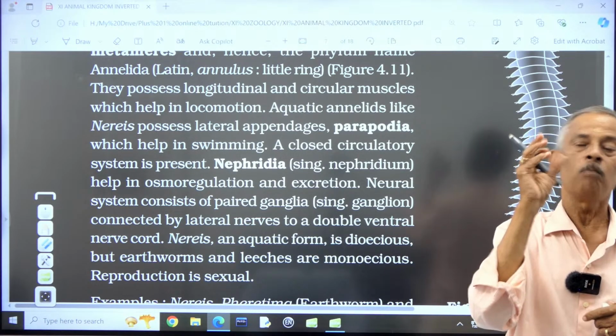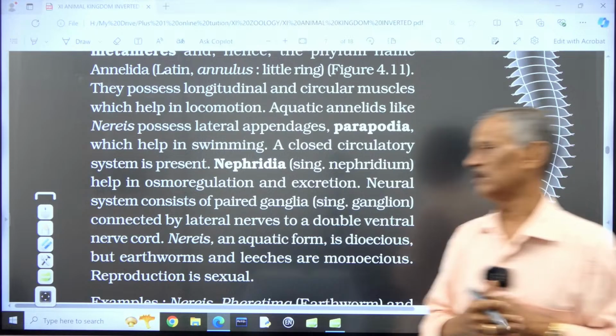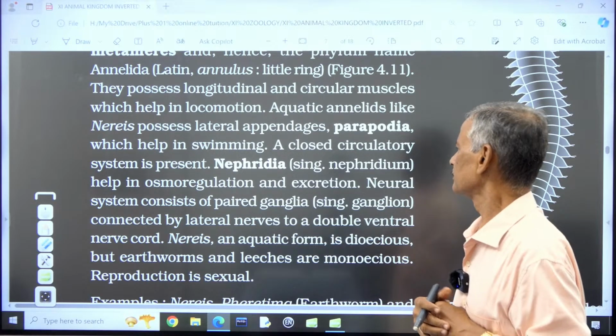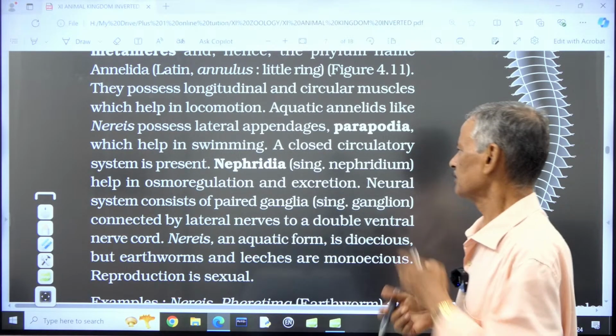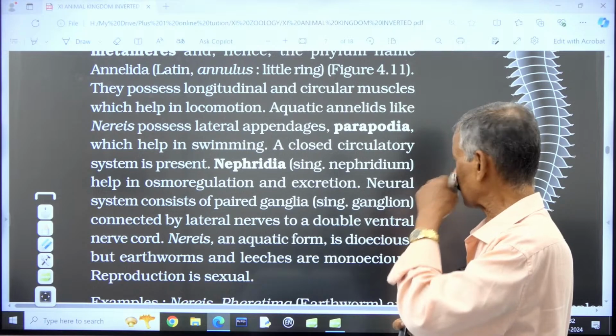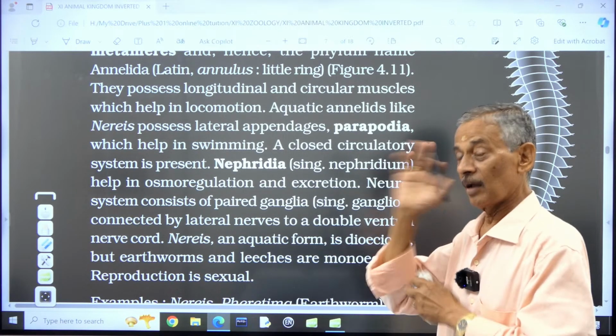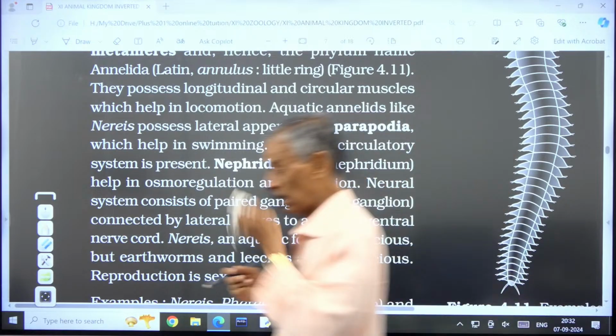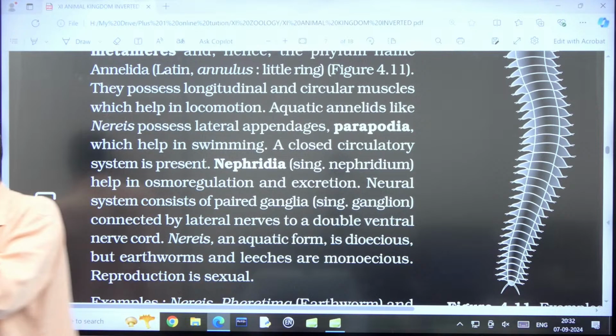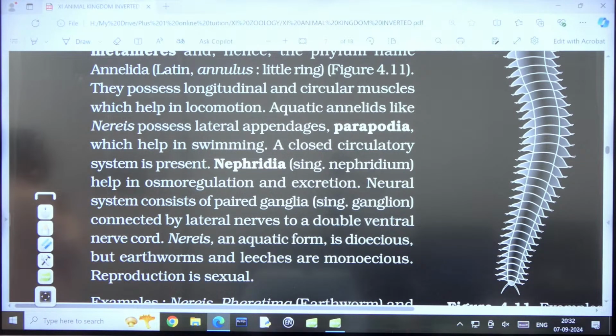They are the bundles of nerve cells. Paired ganglia connected by lateral nerves to a double ventral nerve cord. അപ്പോൾ nervous system is also well developed.